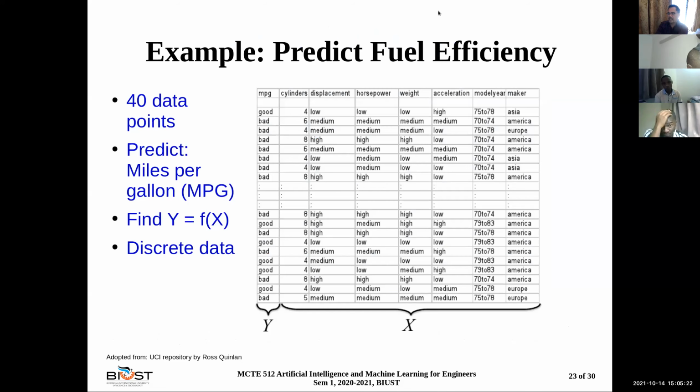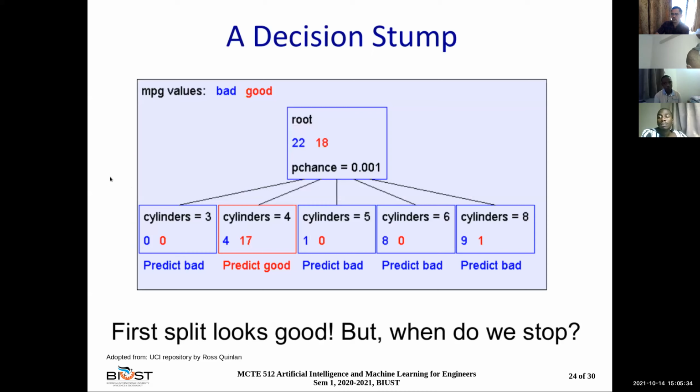This is the case of the miles per gallon, whether good or bad, given the attributes of cylinder, displacement, horsepower, weight, acceleration, model year, and maker. So the same thing, you have to go through all the attributes. In this case, from the root you have 22 bad and 18 good. And then you create this table of the cylinders.